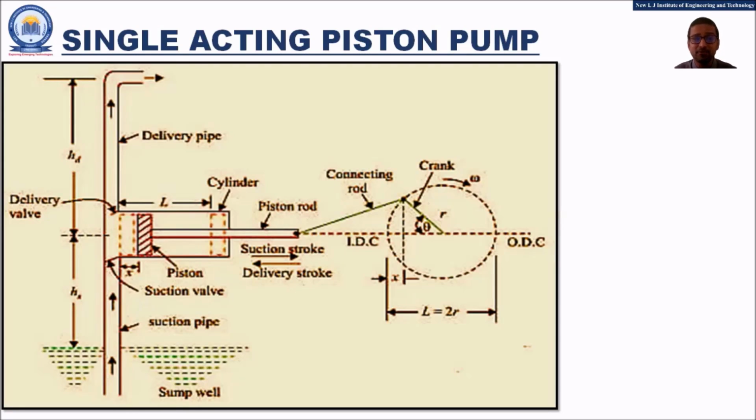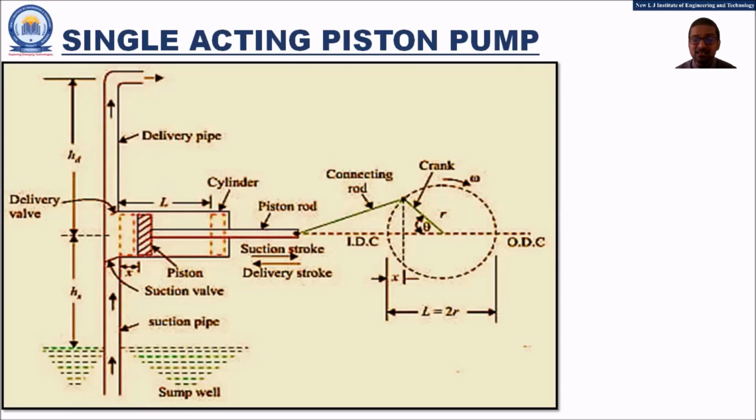So from the name only we can understand that in this type of the pump, the action of the liquid will be on one side of the piston and the reciprocating member in this pump will be the piston. In order to remember this diagram, first we need to remember the notations, the labeling of the diagram. So try to understand its master key.